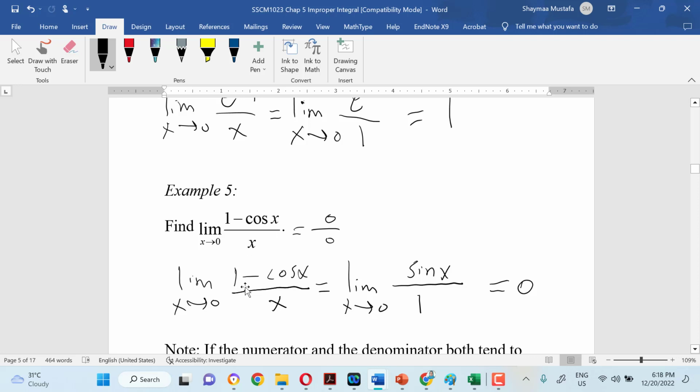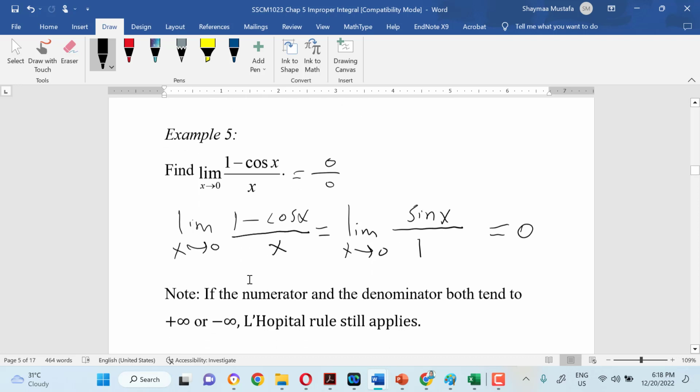The derivative of cosine is minus sine, multiplied by minus, so sine x. The derivative of x is 1. So the limit of sine x over 1 is sine 0, which is 0. So the limit is equal to 0.